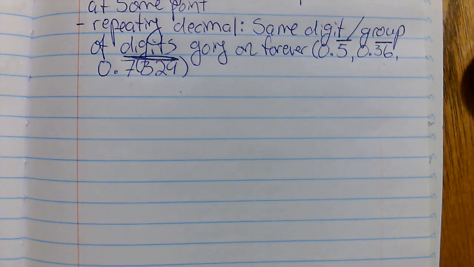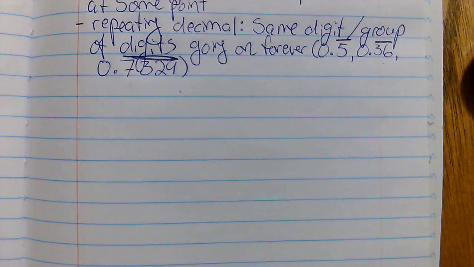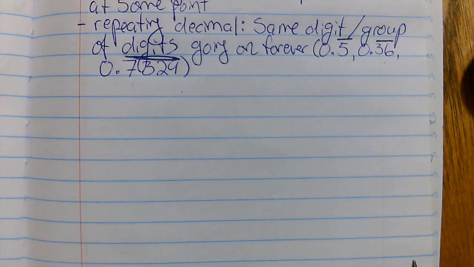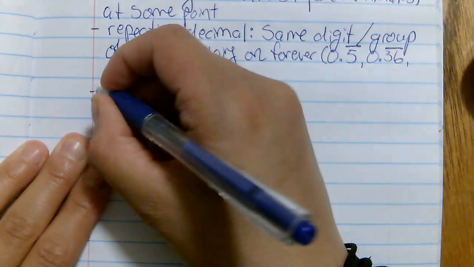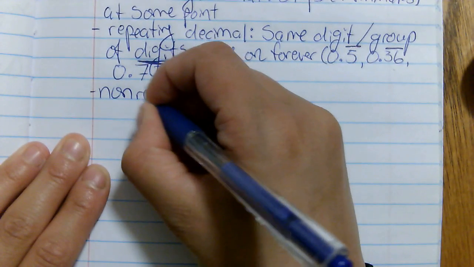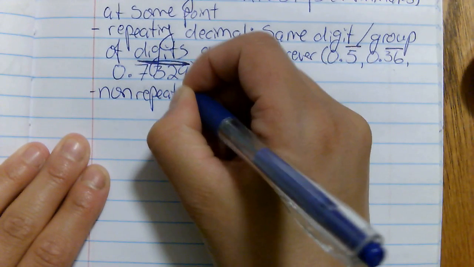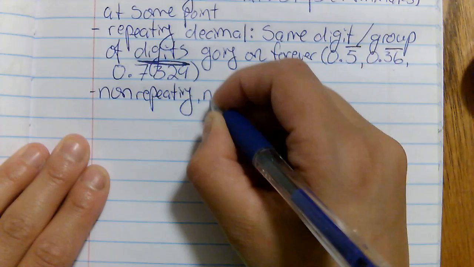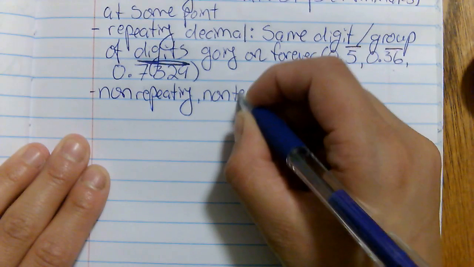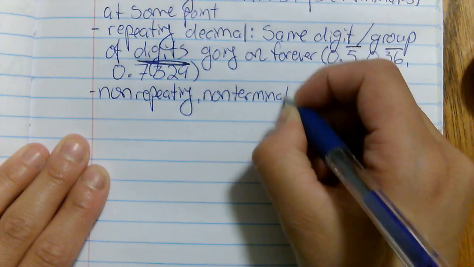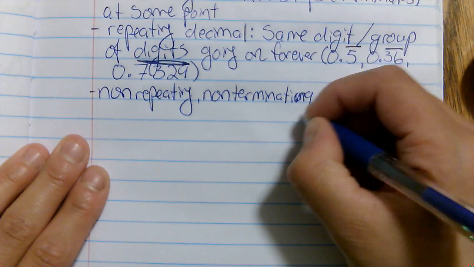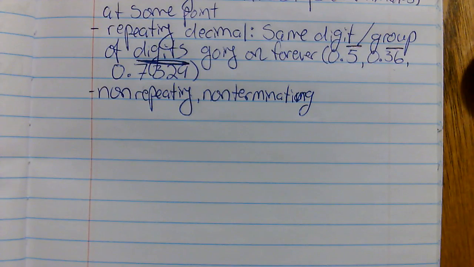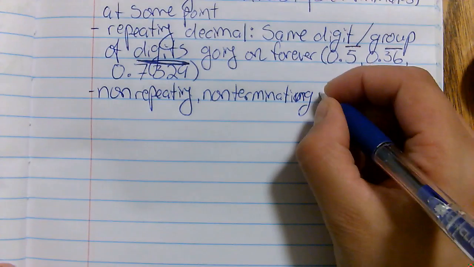If it doesn't follow a pattern, it is a non-repeating, non-terminating decimal. You know what? Let's put that in. Non-repeating, non-terminating.